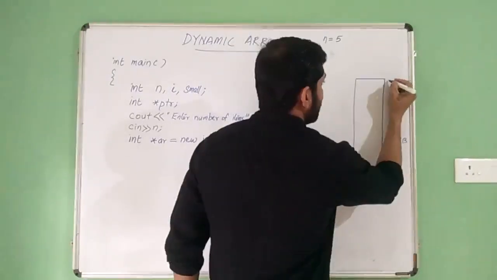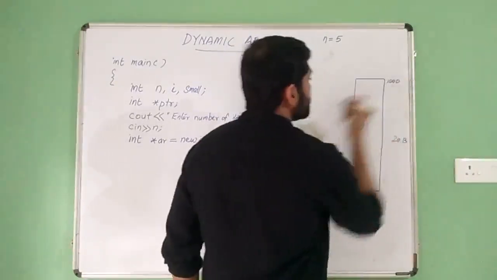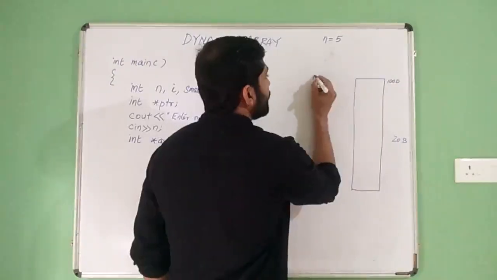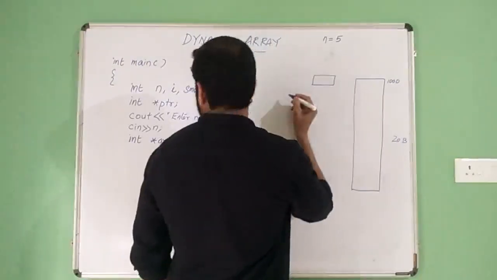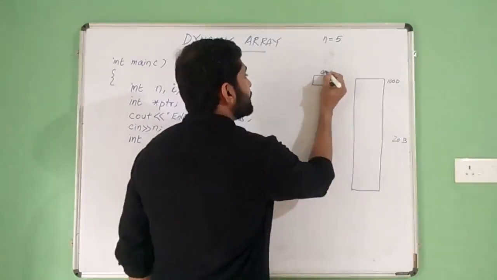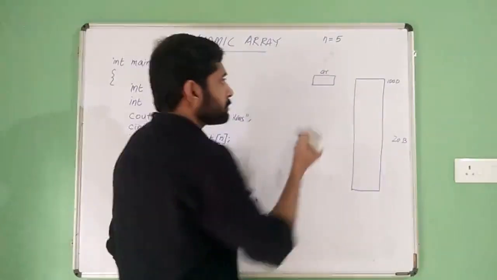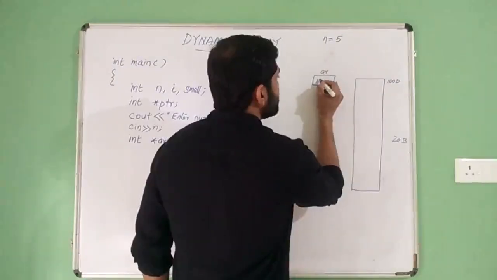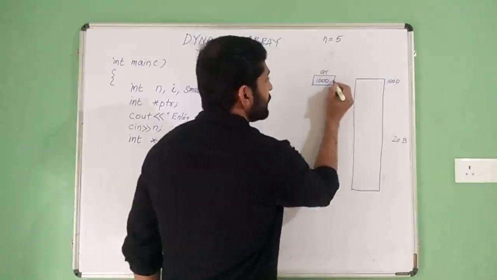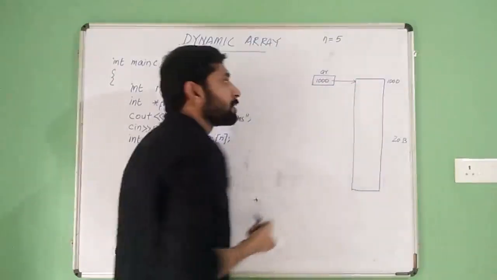Suppose this has a starting address, say 1000. We have the pointer. Name of the pointer is ar. That is the name of the dynamic array. And inside this there will be 1000. So this points to the starting of the array.